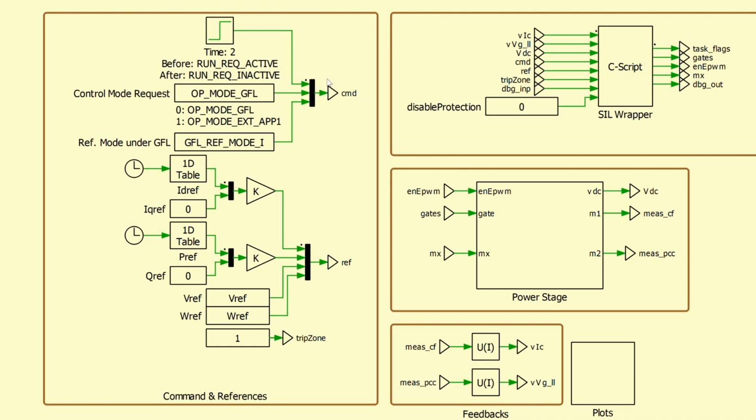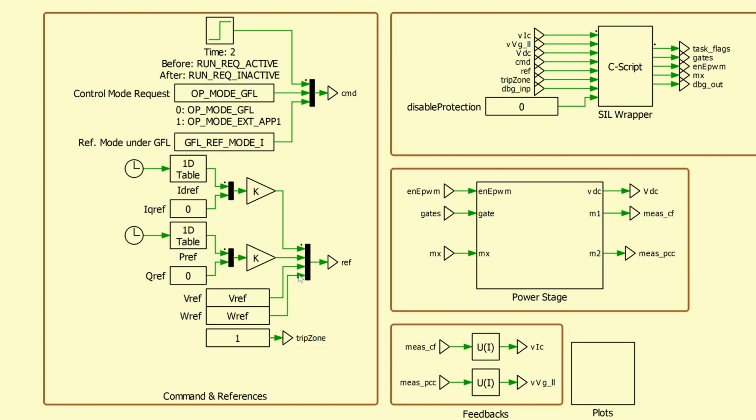For the command, there is a start-stop signal, and then there's the control mode selection between the FAPI internal GFL mode or the GFM mode that runs the external application control code. And if you're using the GFL mode provided by the FAPI, there are also two control modes, which can be a current mode or a PQ reference mode.